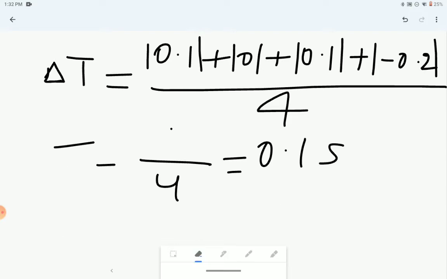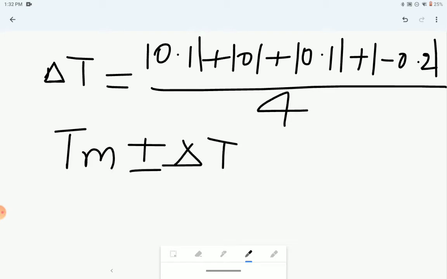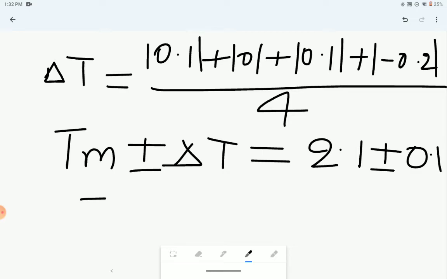It is given by Tm plus or minus delta T, which is 2.1 plus or minus 0.1.